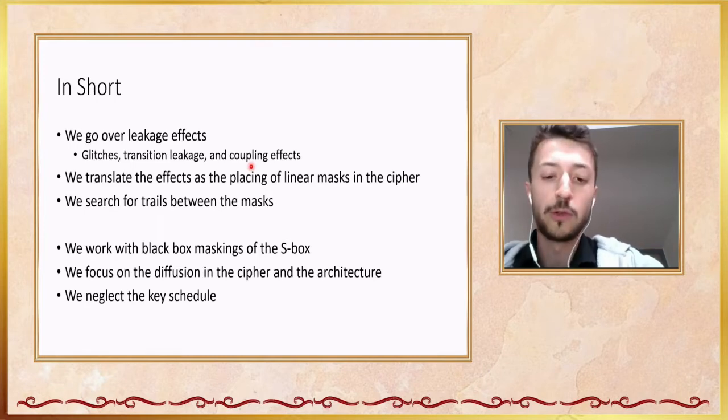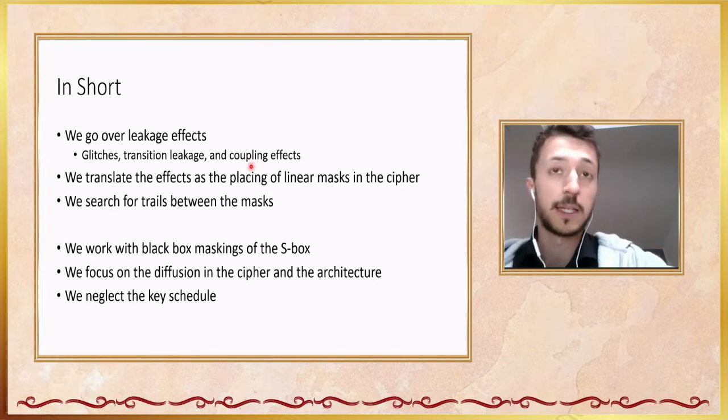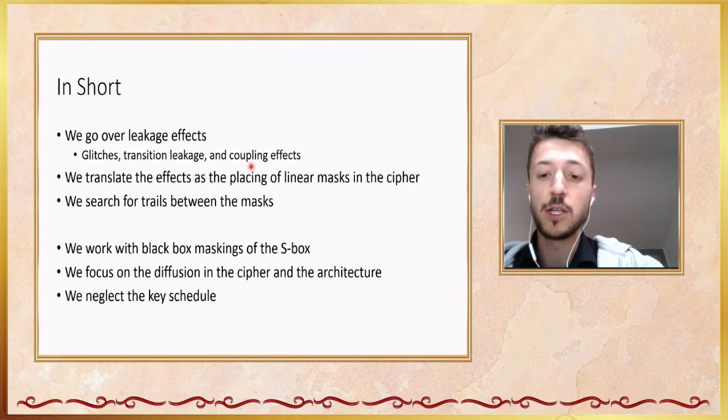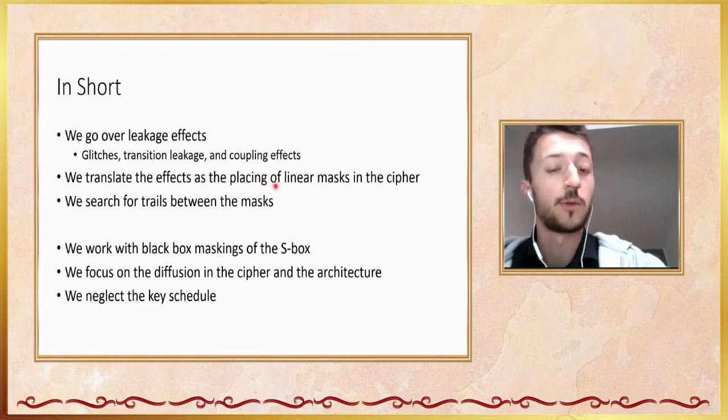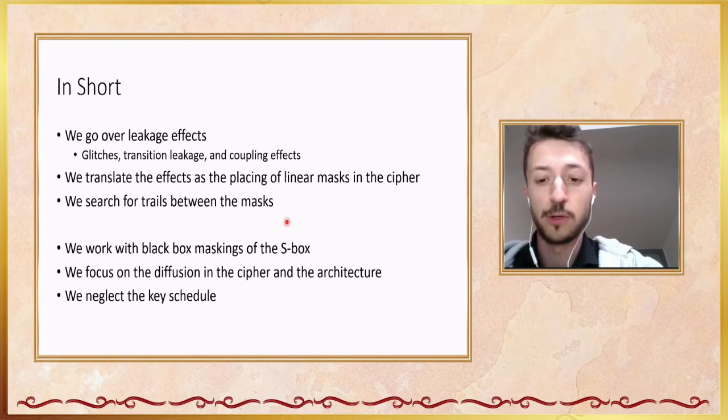So we're going to look at the architecture of the masking itself, of the implementation. We're going to see, if you probe this masking, what the adversary sees. We're going to translate this as the placing of linear cryptanalytic masks, and we're going to search for trails between.